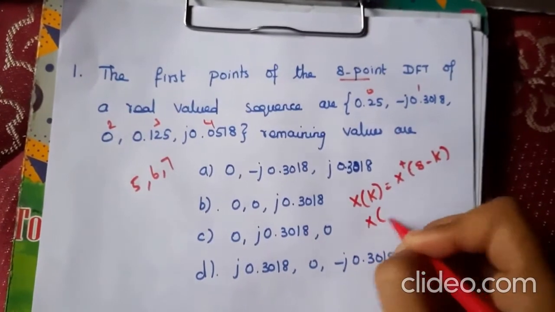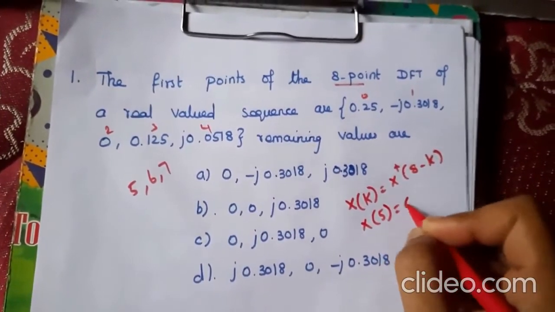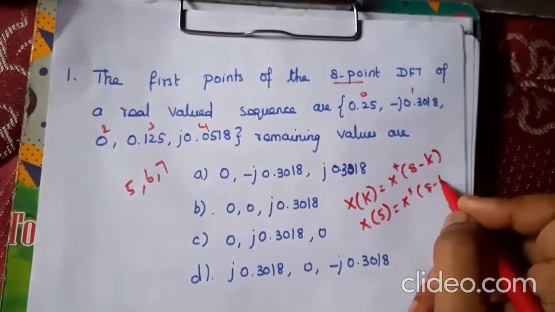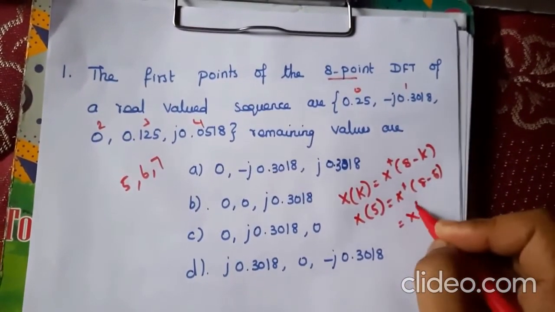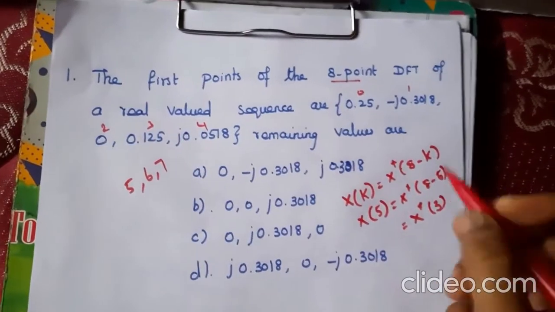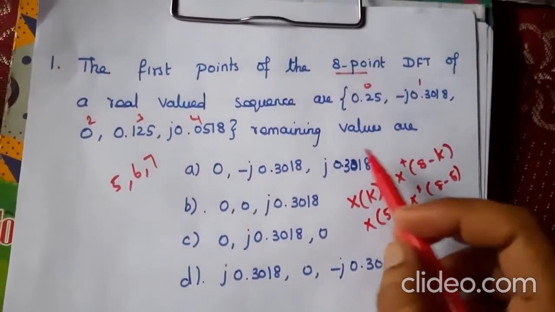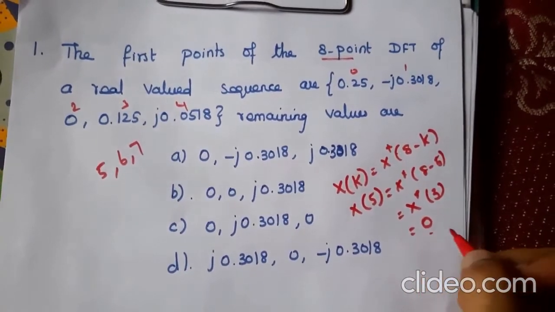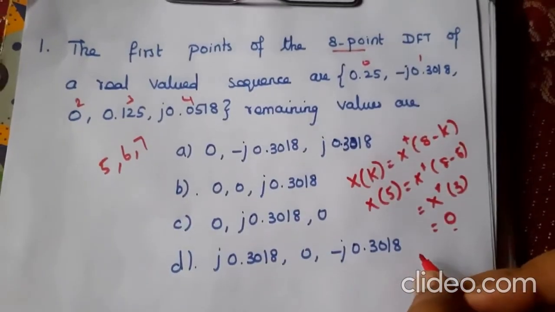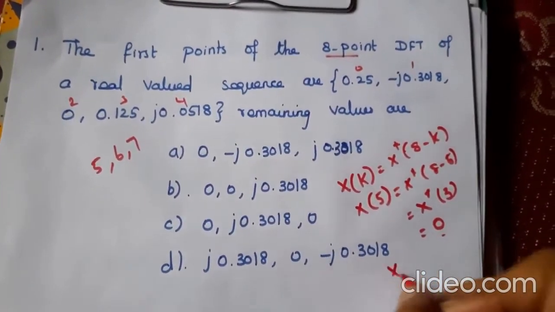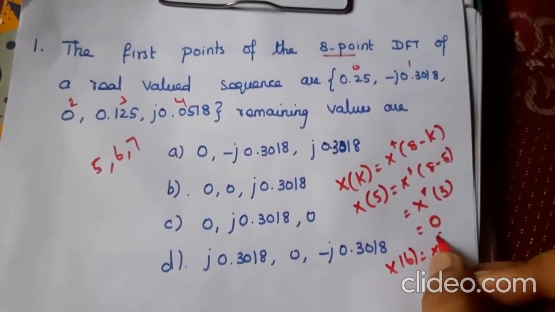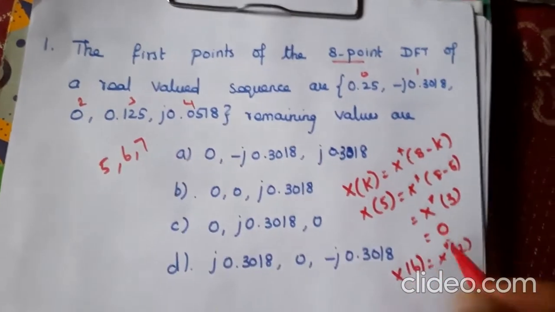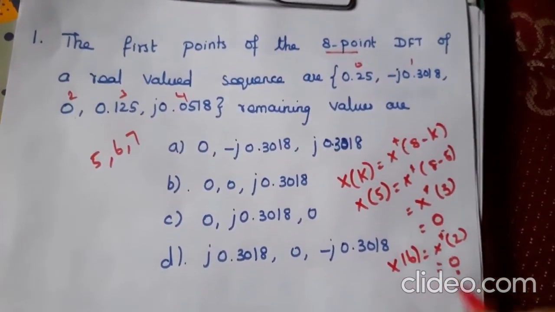So first, X of 5 is equal to the conjugate of X of 8 minus 5, that is X of 3. So that is equal to 0 here. Next, X of 6 is equal to the conjugate of X of 2, and that also is 0.